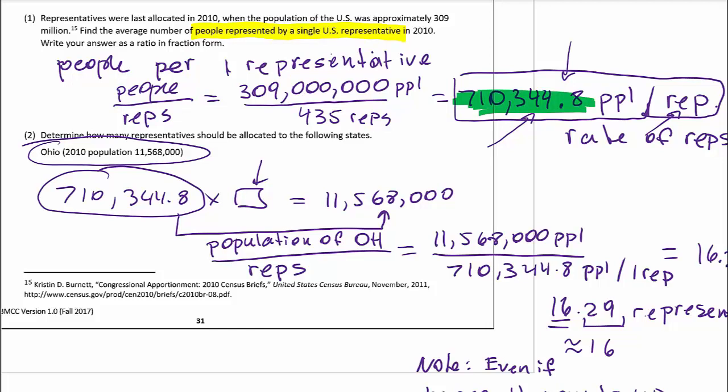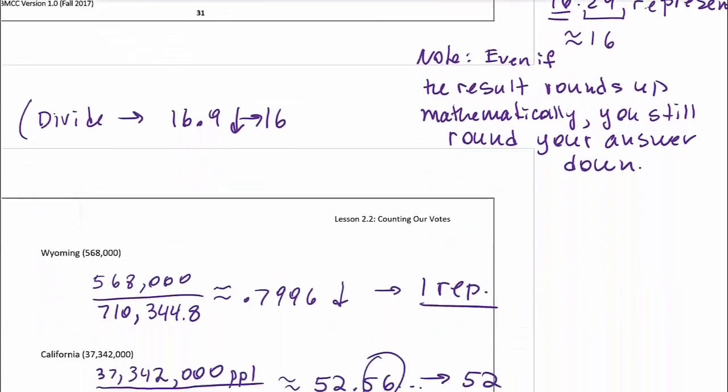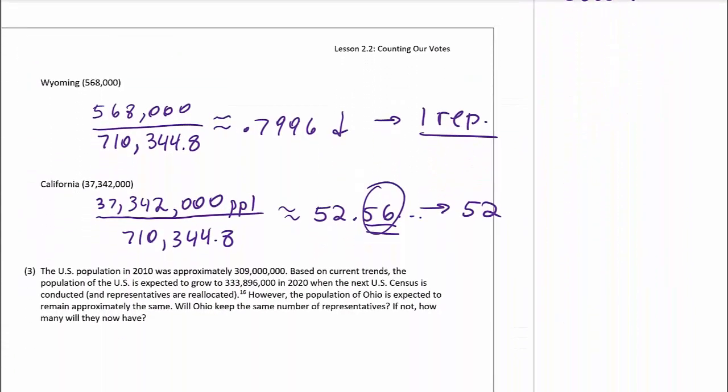So 710,344 is like a cookie cutter where you cut it inside whatever the population is, and you see how many full cookies you can get. If you have any leftovers, you just disregard them. You can think about it that way. So this right here is a cookie cutter, which is the rate of representation. All right, so that's the essence of the lesson.